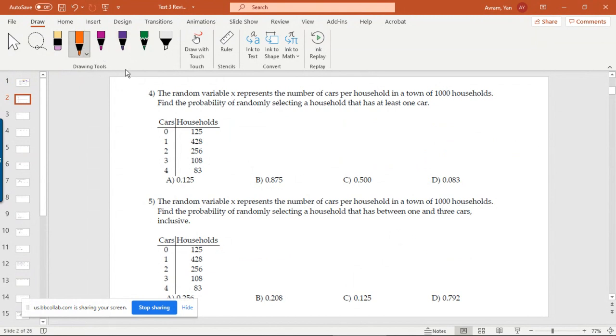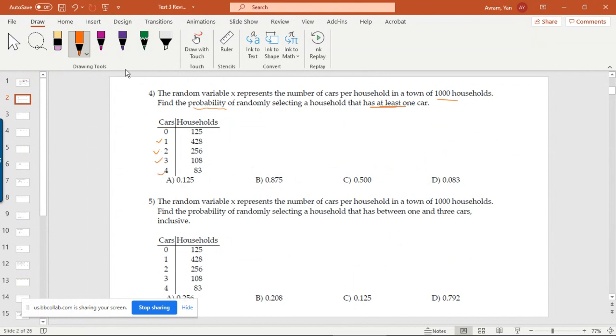Number 4: the random variable X represents the number of cars per household in a town of 1,000 households. Find the probability that a randomly selected household has at least one car. So what does at least one car mean? That means one or more, right? So at least one car will be 1, 2, 3, or 4.